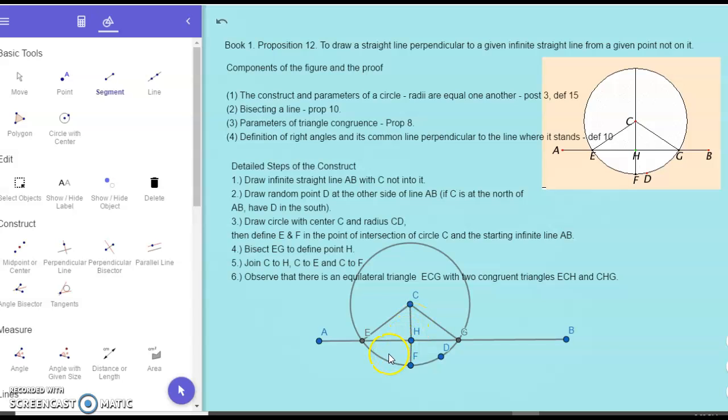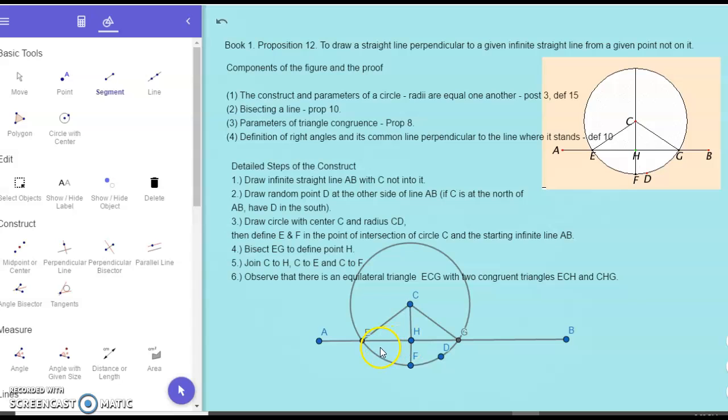And remember, we have point H bisecting EG. So we can say then that EH is equal to HG. That's the second pair. And lastly, CH is equal to itself. So there you have it. We have the three pairs of equal sides.